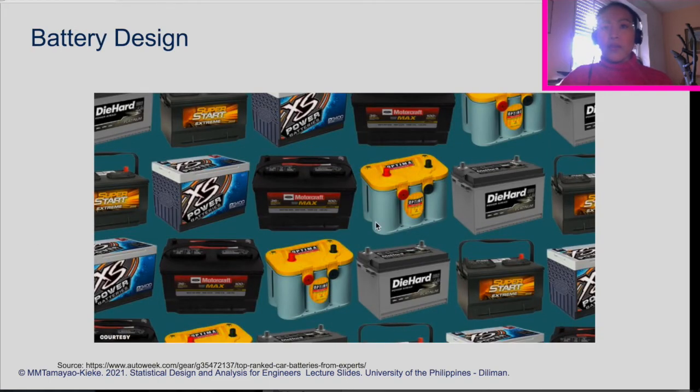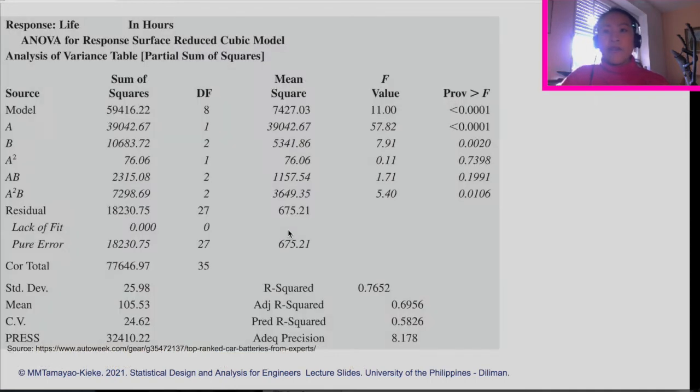Okay, now let us go back to the battery design example. In this example, one variable, which is temperature, is quantitative and it has 3 levels. So we can use linear regression to investigate the linear as well as quadratic effects of temperature on battery life. In this output, it is assumed that temperature is quantitative while material type is qualitative.